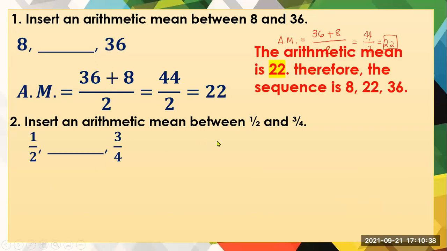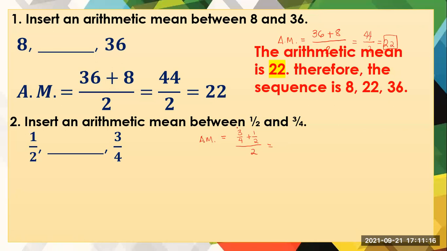Since we are looking for just one arithmetic mean, we can use the formula: arithmetic mean is equal to 3/4 plus 1/2 divided by 2, or you can have it as 1/2 plus 3/4 over 2, because it's addition, so they are commutative. You can make them similar fractions, or you can use the shortcut method, the butterfly method that was taught to you when you were in elementary.